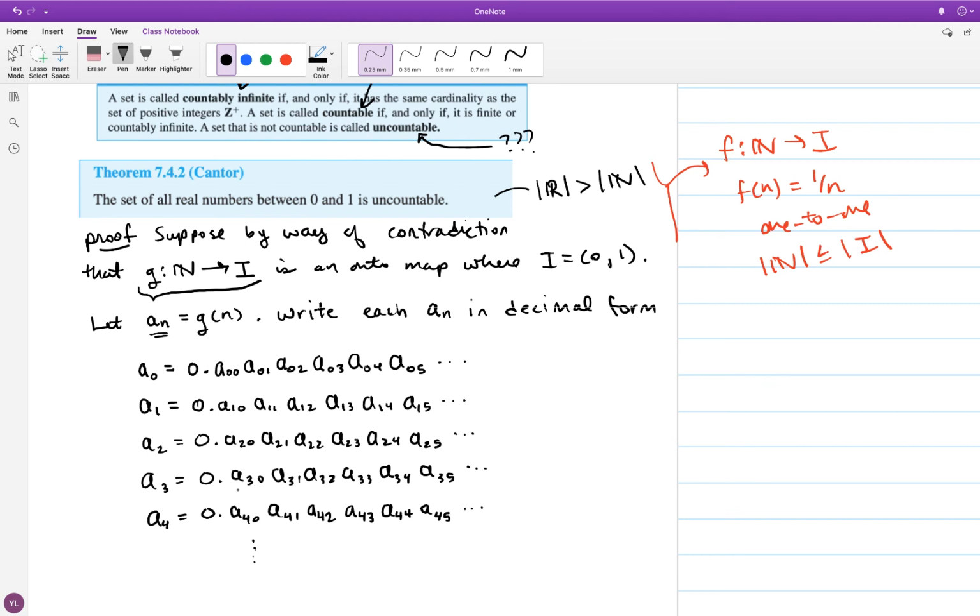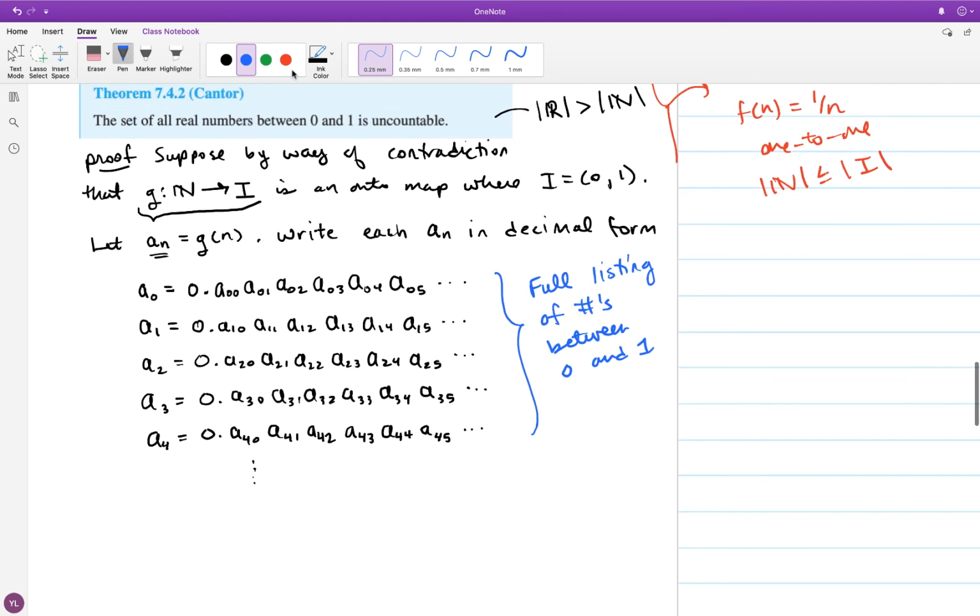So I have used the notation here with the double indexes on the a's to express each of the decimal expansions of these numbers. And remember, since g is onto, I basically have, by assumption, a full listing of the numbers in between 0 and 1.